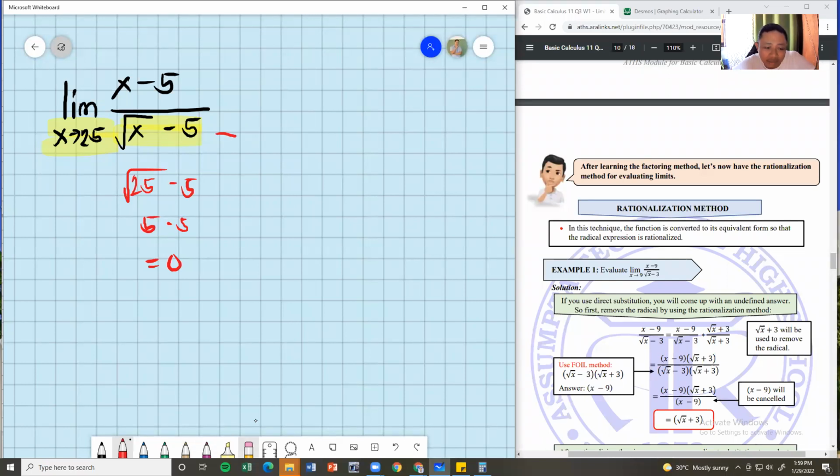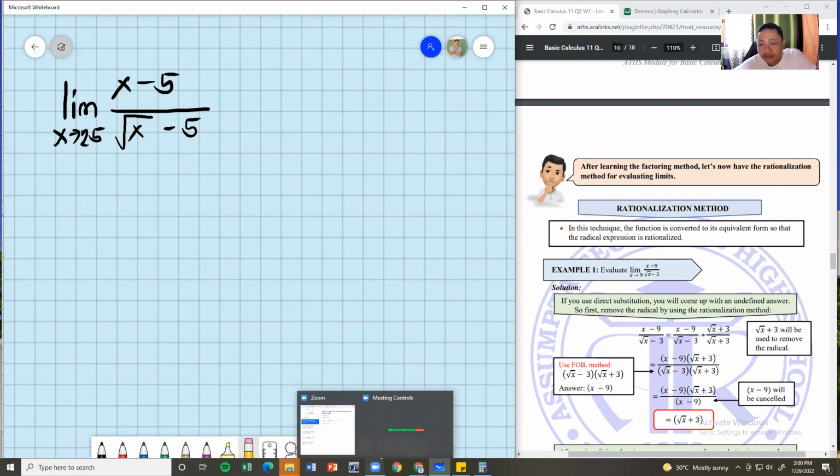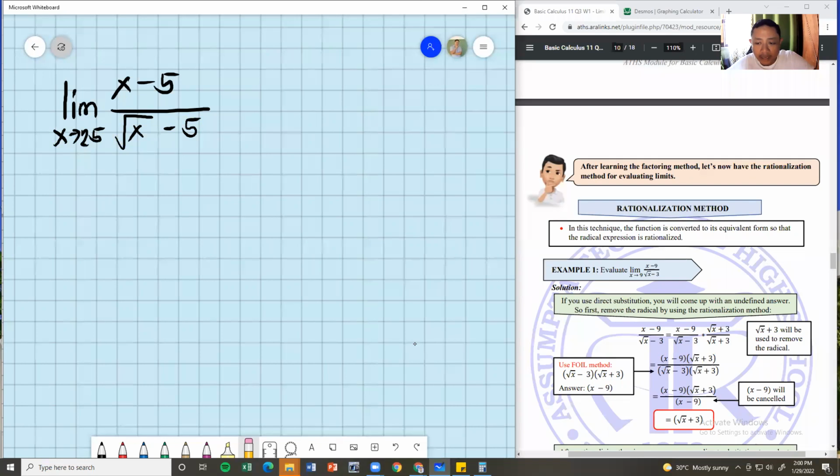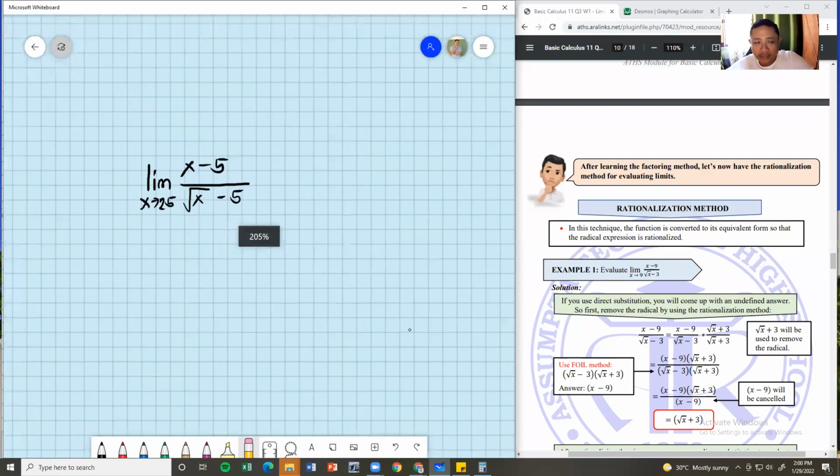Instead of doing that long process of a table of values, actually you can solve this using a table of values. However, I don't like the table of values because it takes a lot of work. Just making the table will use up my time, and then I still have to substitute. Better yet, I'll just learn this rationalization method. So what will I do with this? All I have to do is rationalize it by getting its conjugate.